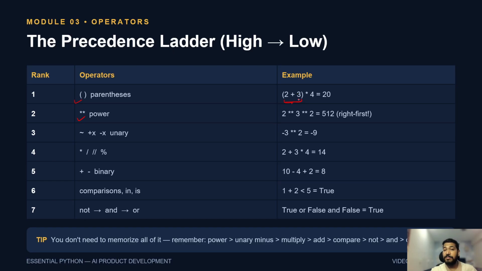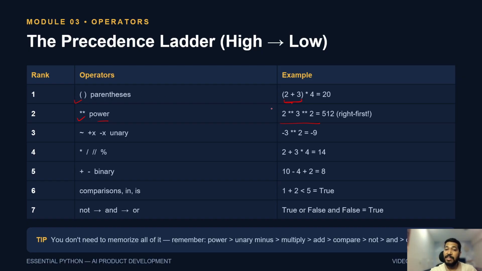So 3 plus 2 is 5, multiplied by 4, it will give 20. Similarly for the power, if the given expression has a power, the power will get more preference, but the first preference will be given to the parentheses. And here is the trick, guys.